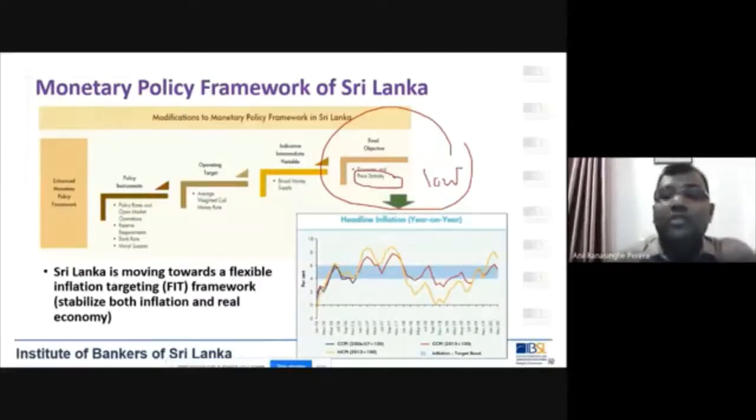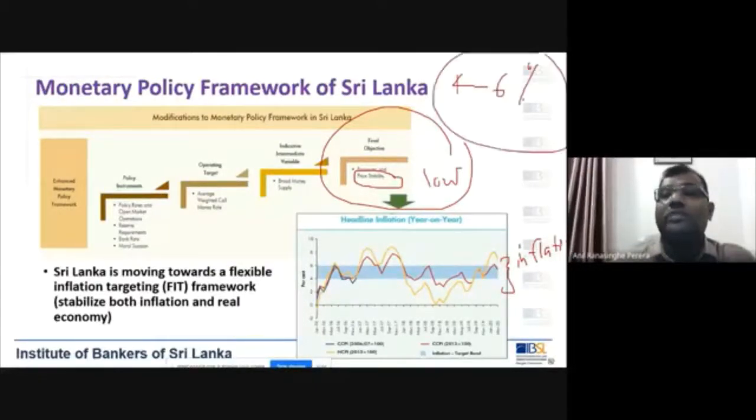So how does the Central Bank of Sri Lanka define this price stability? Now if you look at this chart, you will see a blue color band. This blue color band is called the inflation band. Under this inflation band, the central bank wants to keep inflation between this range, 4 to 6%.